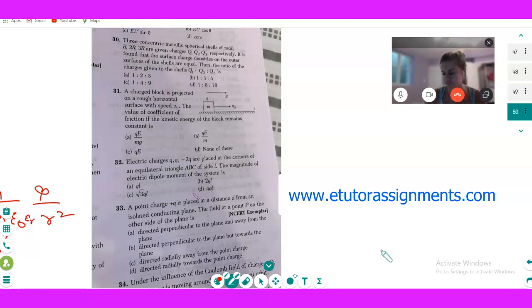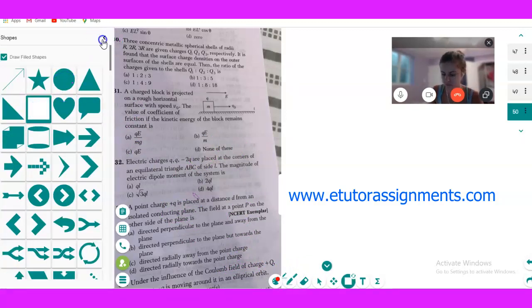A charged block is projected on a rough horizontal surface with speed v0. The value of the coefficient of friction, if the kinetic energy of the block remains constant, is?